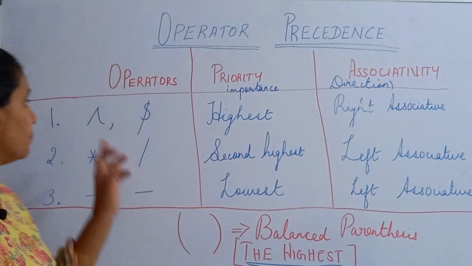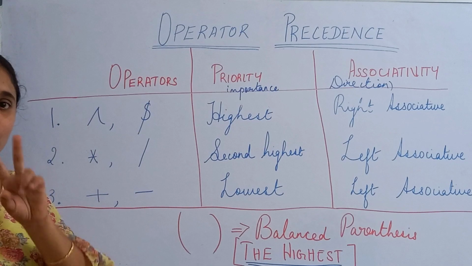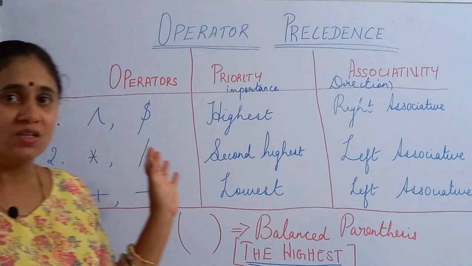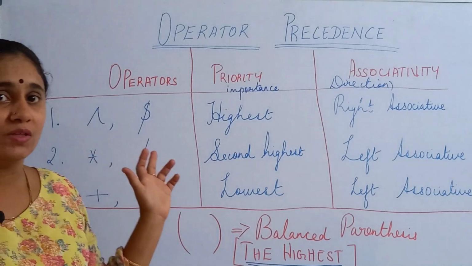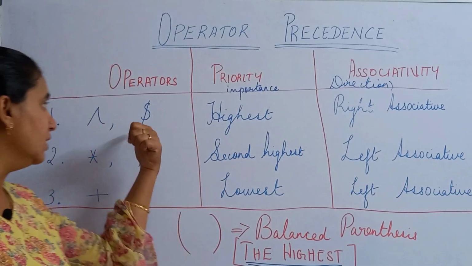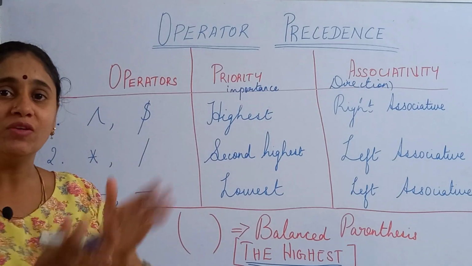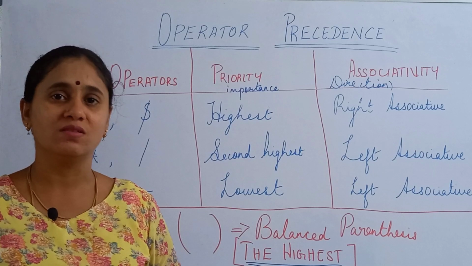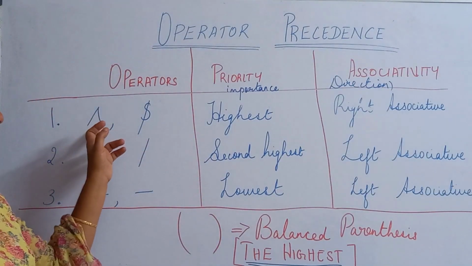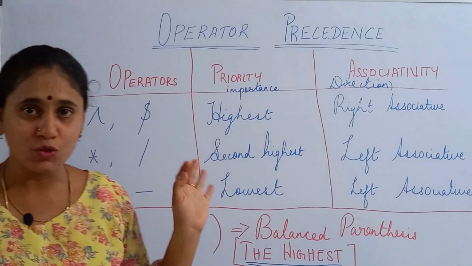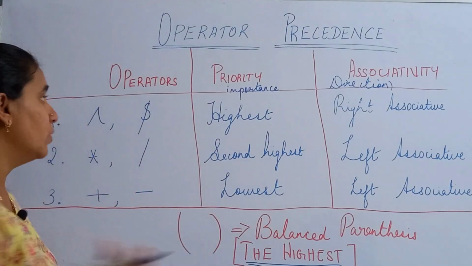Now see, the first two operators are very important. Suppose in the expression these operators are given, you must give importance only to these two. After finishing solving these, you should go for the remaining operators. So what are these two symbols? These two refer to exponent, that is power.